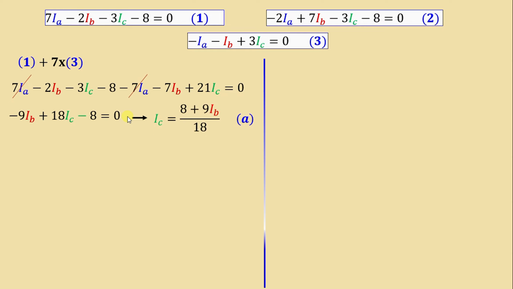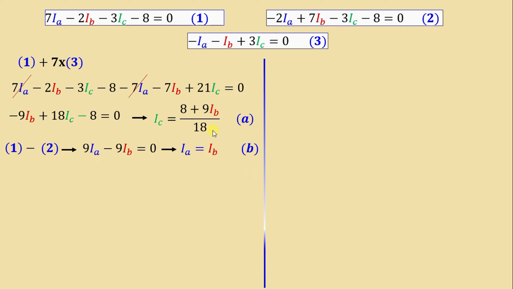And we can write IC in terms of IB is equal to 8 plus 9IB over 18. And I will call this equation A. I go now to equation 1 minus equation 2. We obtain 9IA minus 9IB. Finally, we obtain IA is equal to IB.